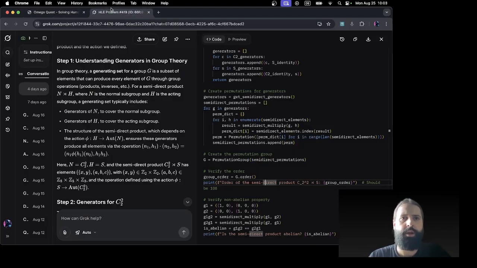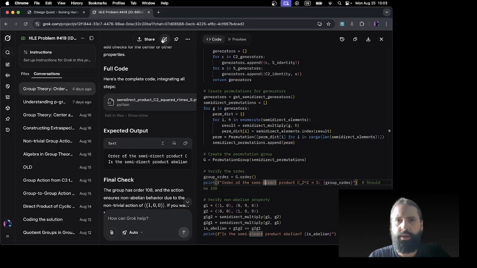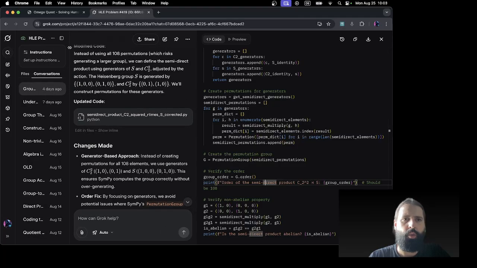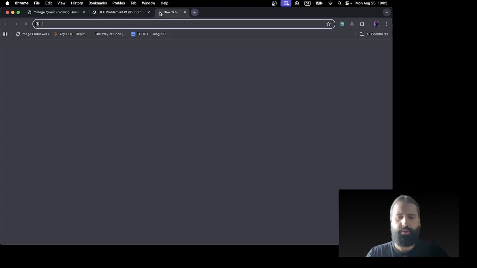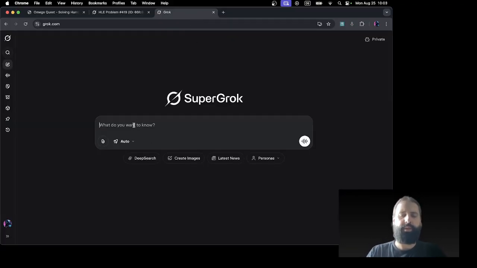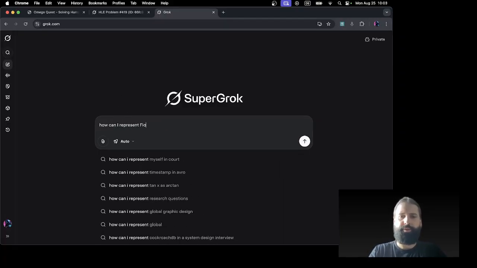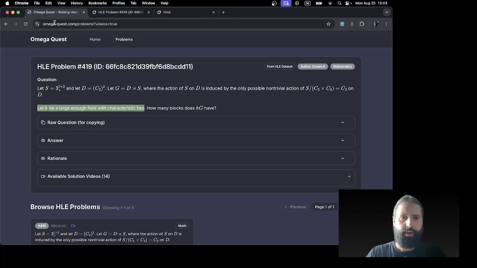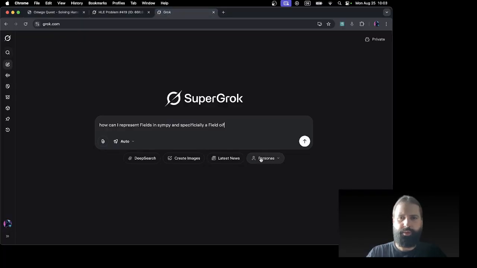Let's break this down. I'm going to open another conversation in here. And I will say, okay, so how can I represent fields in SymPy, and specifically a field of characteristic 2?